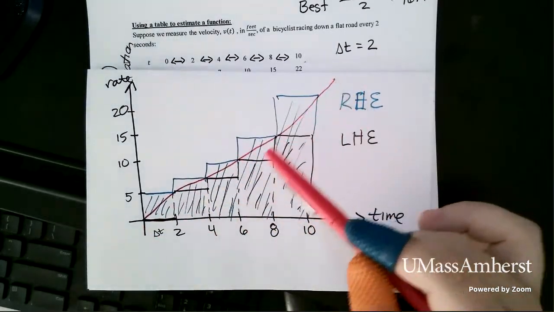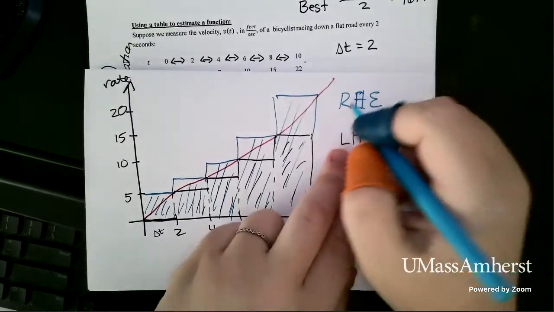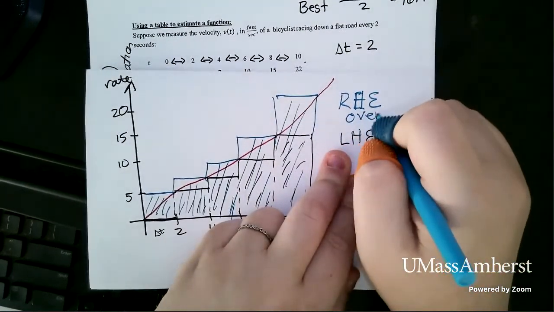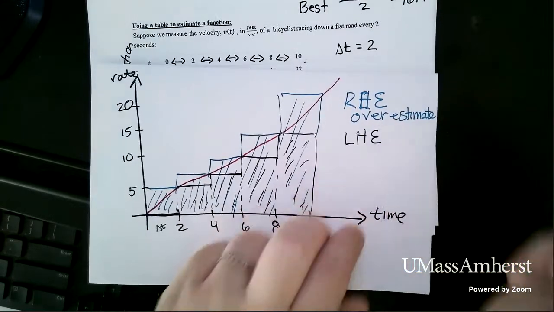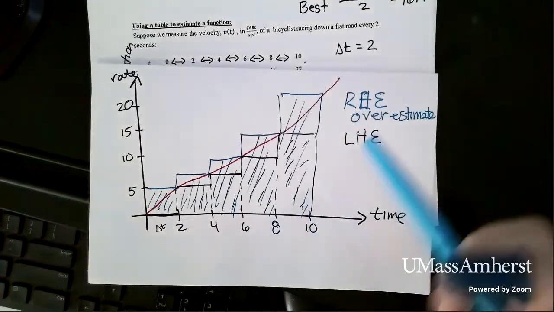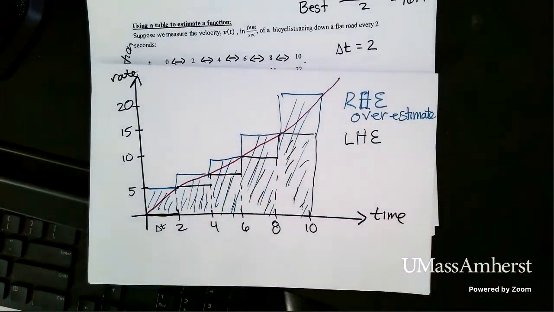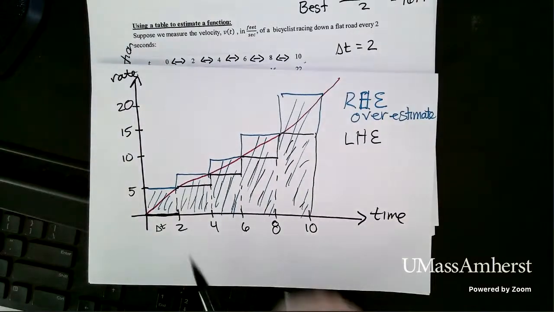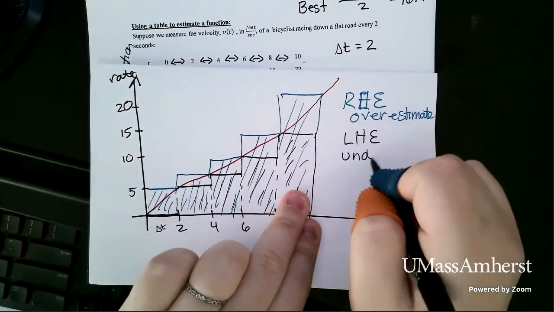So we get something that kind of has this idea. And what we notice is that the right-hand estimation is an overestimate. Okay, it's an overestimate because the area, we have more of it than is actually under the curve. Whereas the left-hand estimate in this picture is an underestimate because it doesn't capture all of the area.